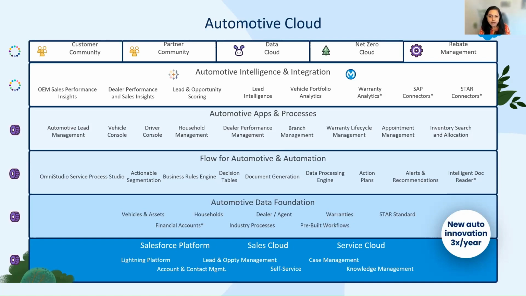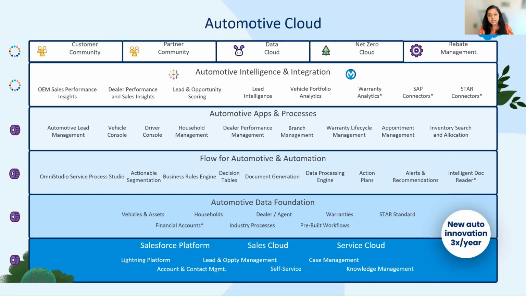Again, that leads to your vehicle console and your driver console getting that much richer, and you being able to work on so many processes as a result, with one stop shop, one source of truth within Automotive Cloud. So in closing, for the dealers: a 360-degree view of your customer, where you can see purchase history and driver behavior, and data-driven insights, so you can look at market trends and customer preferences.